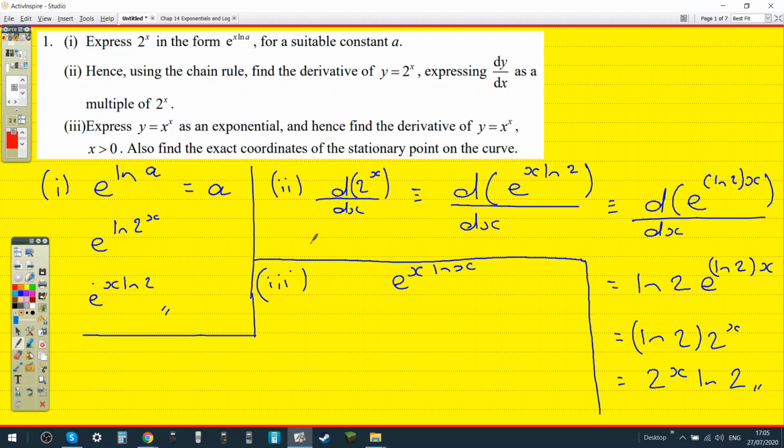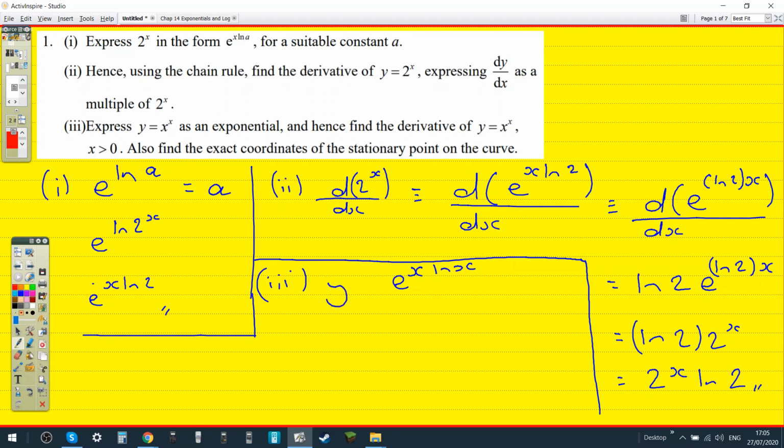So the derivative is just, would it just be ln x times e to the power of x ln x?